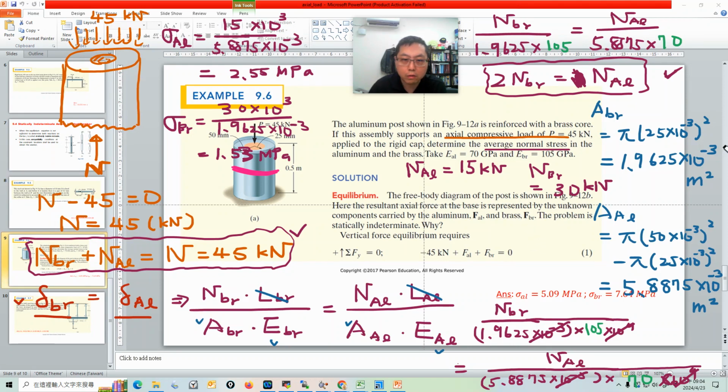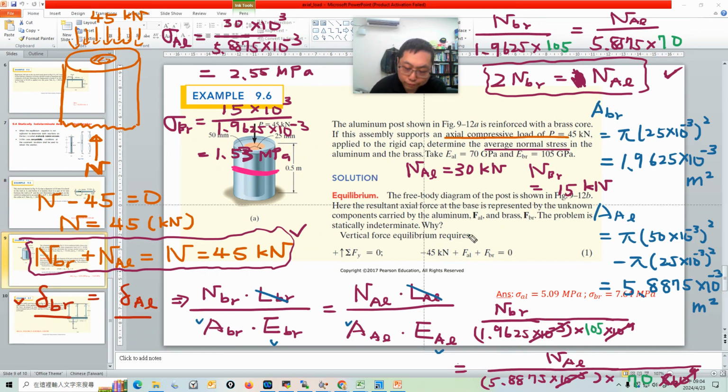MBR is 15 and it is 30. Yeah, I always get reverse. That really looks bad. Okay, so 30. MBR is 15.